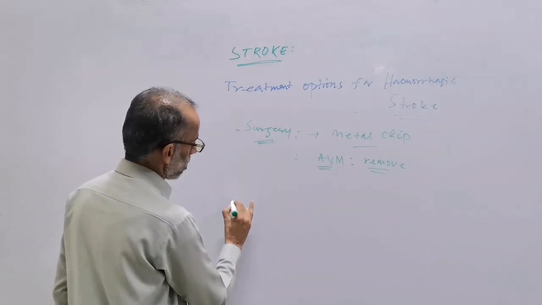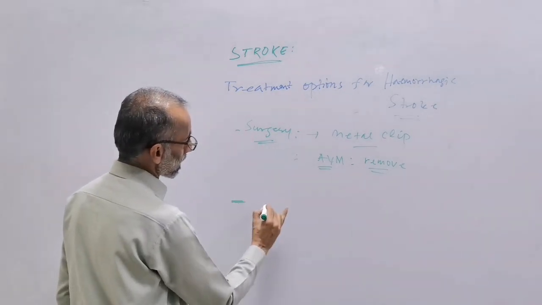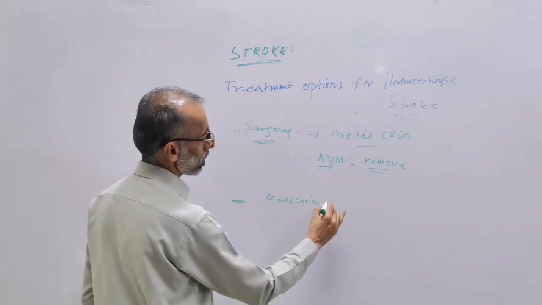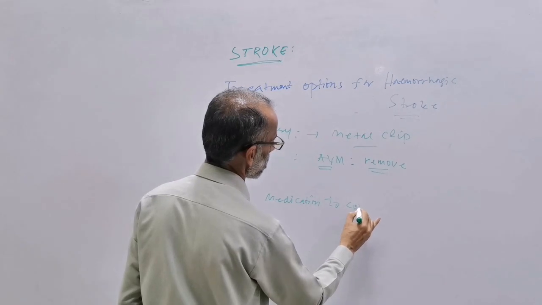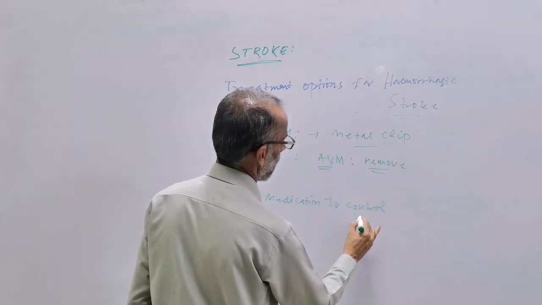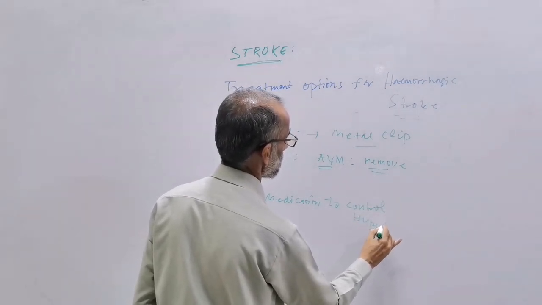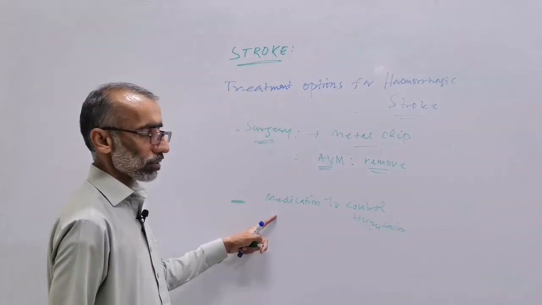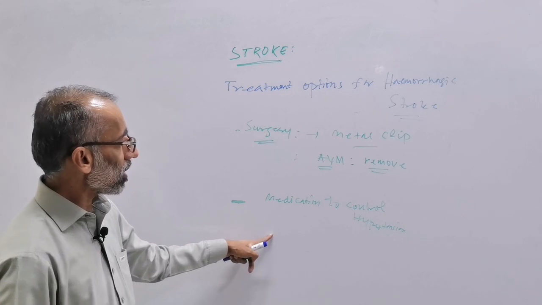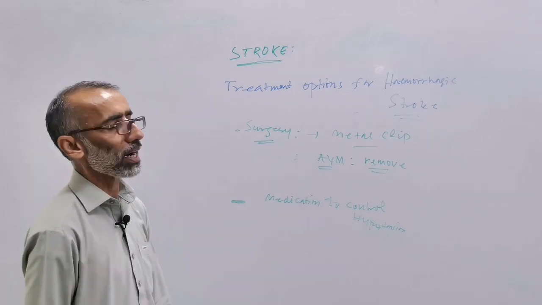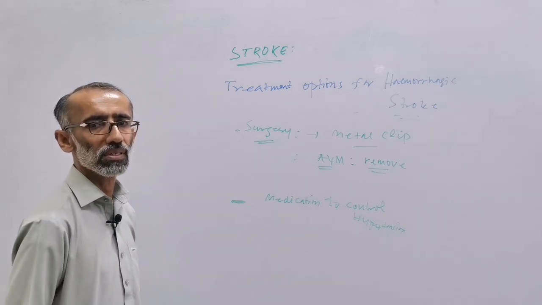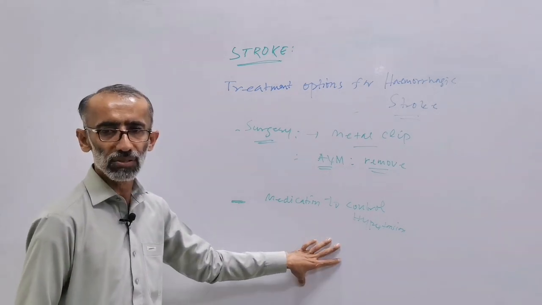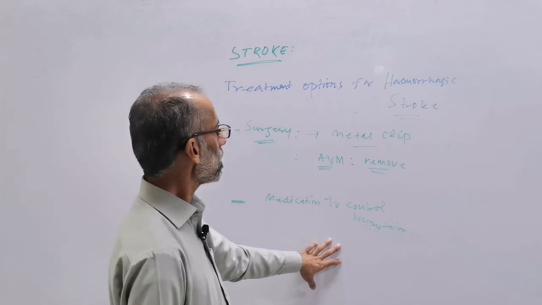And we have to prescribe medication to control hypertension. Chronic hypertension is a risk factor for hemorrhagic stroke. We have to prescribe medication to control hypertension.